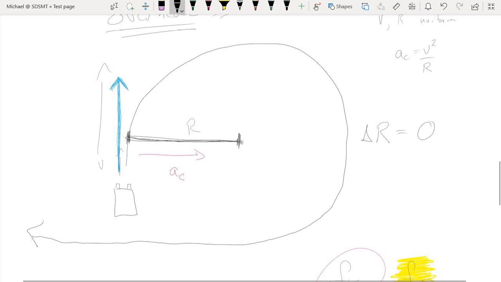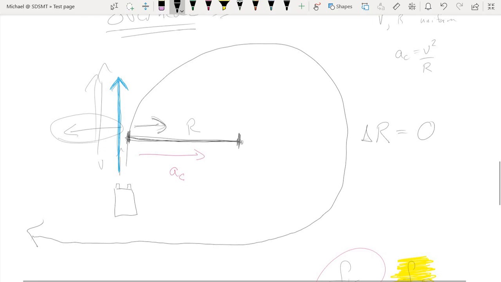If it was, that would mean that our car is either physically moving towards the center of the circle or physically moving away from the center of the circle. And this case is bad because this is where you essentially lose control and you start sliding out into the ditch.